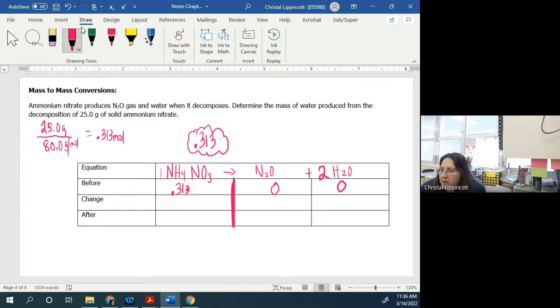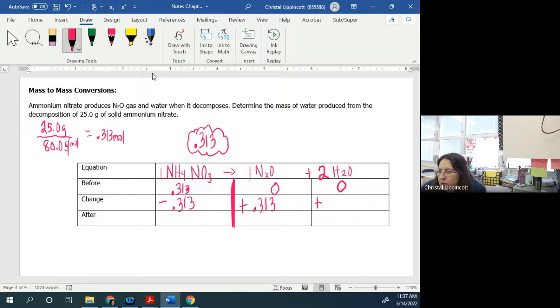Then when I come back down out of the cloud, I'm going to subtract my reactants and add to my products because I'm forming them. When I come down, I multiply my cloud value by my coefficients. Remember, this one is a 1. We just don't write the 1s down. Okay, so 0.313 times 1 is 0.313.